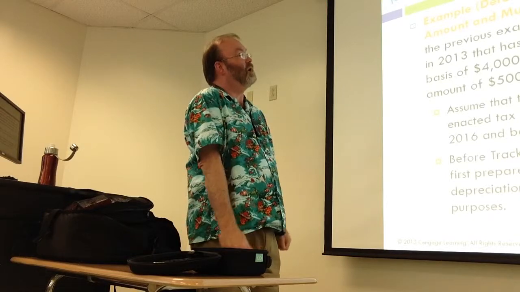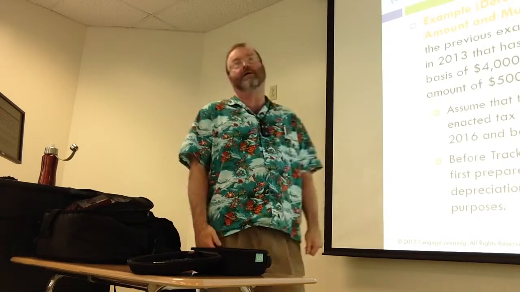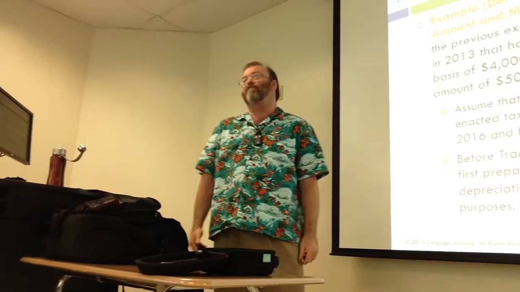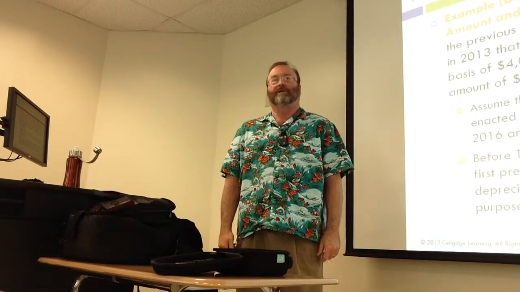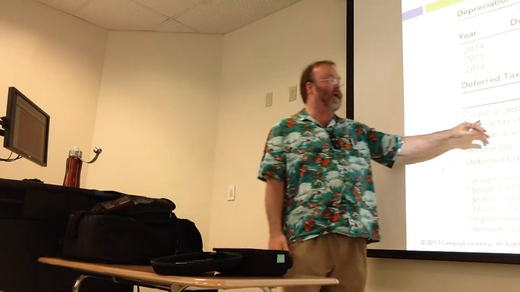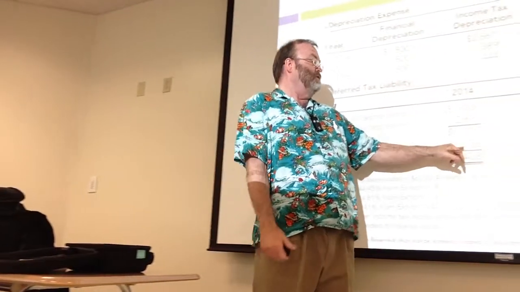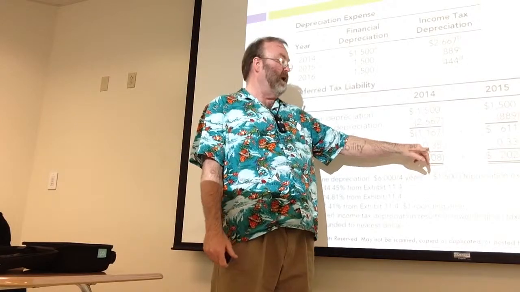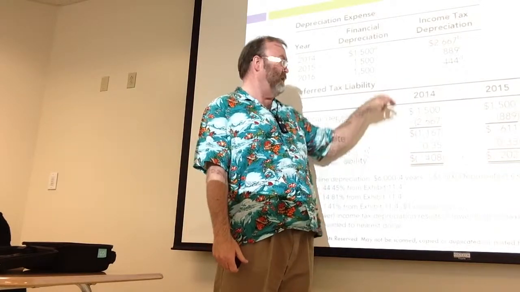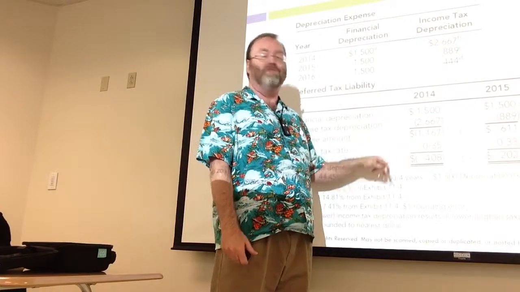All right, this one is what happens if Congress changes the rates, which they love to do. Then what happens? Same example, only now in 2014 they're expecting, rather than 30%, we had 30% in 2013, remember, we still had that 150.